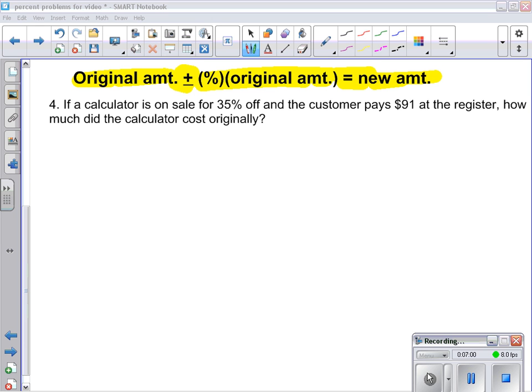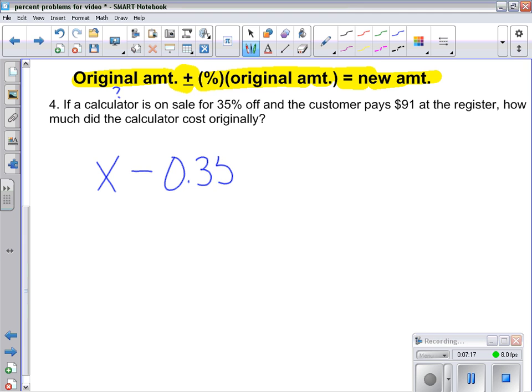So, we don't know the original amount, so we're going to use X to represent the original amount. Now I'm going to subtract because it's on sale. So I'm subtracting 35% of the original amount that we still don't know. And that's going to equal the new price, which is what they pay at the register, the $91.